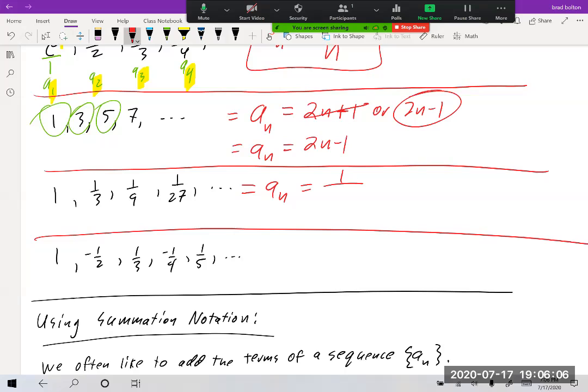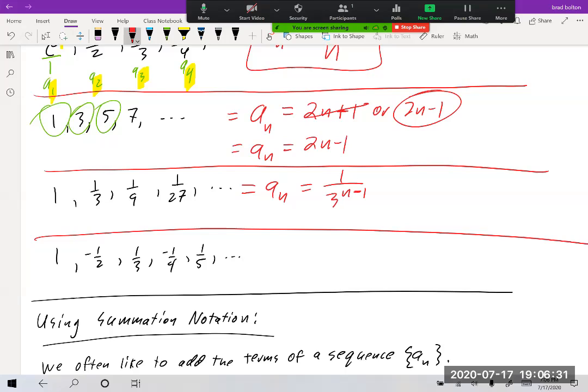So 3 to the 1st, 3 to the 2nd, 3 to the 3rd, 3 to the 4th. So if I just wrote 3 to the n, then I'd plug a 1 in there and I'd get 1/3, so I would start here. But I need to start at 1. So what could I do that when I plug a 1 in, I would get a 0 power? I subtract 1 from the power, just like that. So this becomes 1 over 3 to the n minus 1, okay?